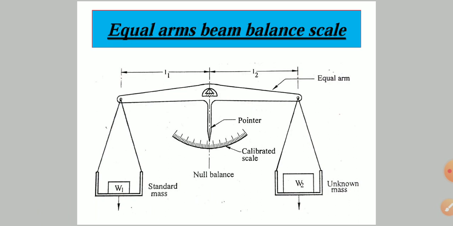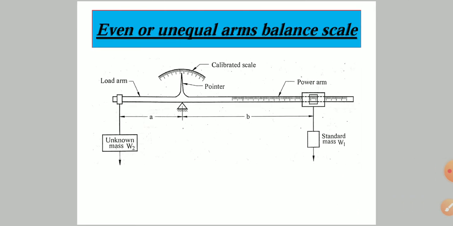The next device is a modified form of this equal arm beam balance, which is the uneven or unequal arm balance scale. The main disadvantage of the equal arm balance scale was that it required a set of weights at least as heavy as the heaviest load to be measured.